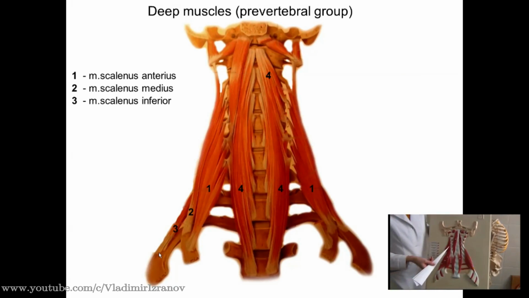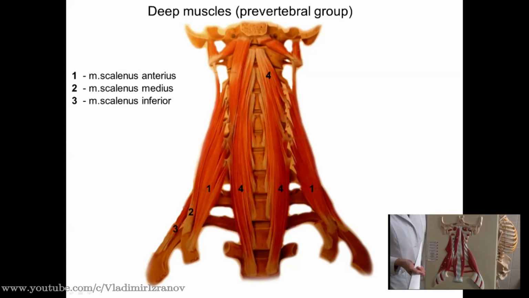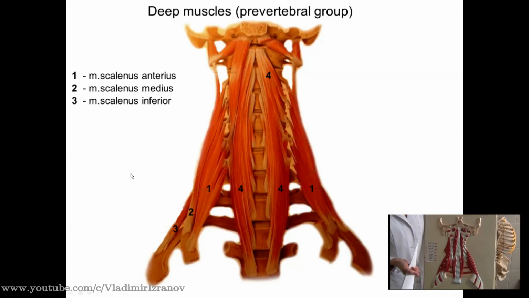Number 4. You can see number 4 here on the columna vertebralis, and it is also number 4. This muscle is named musculus longus colli.